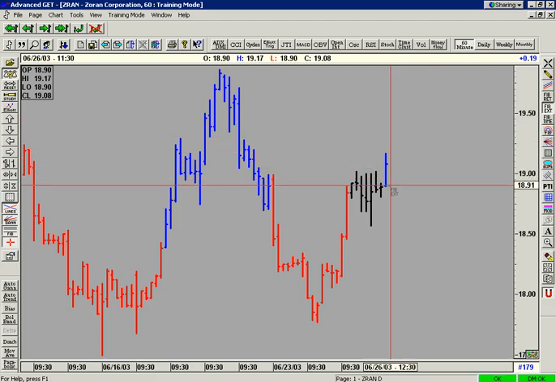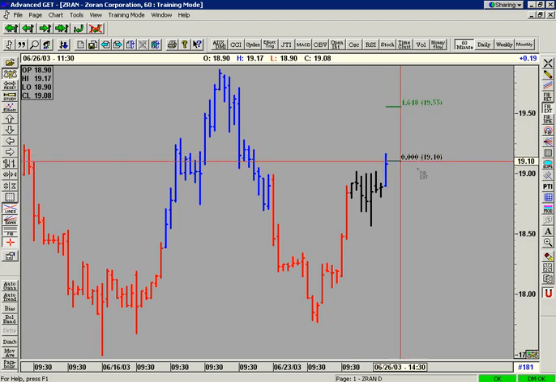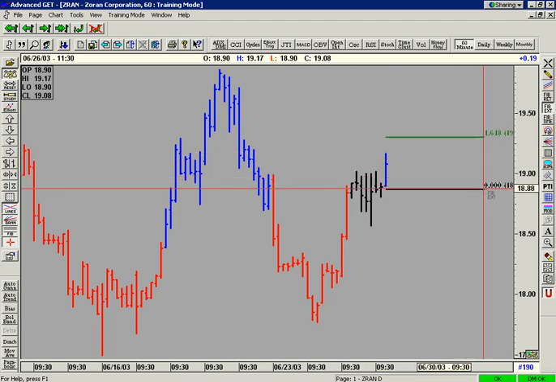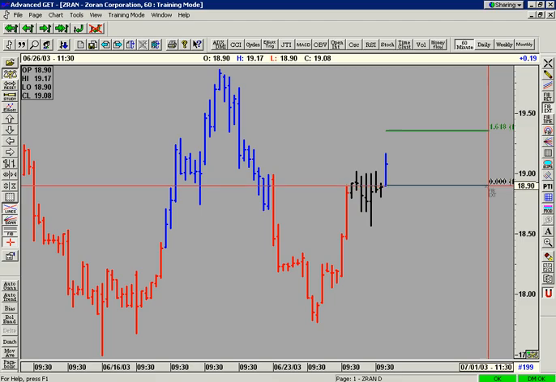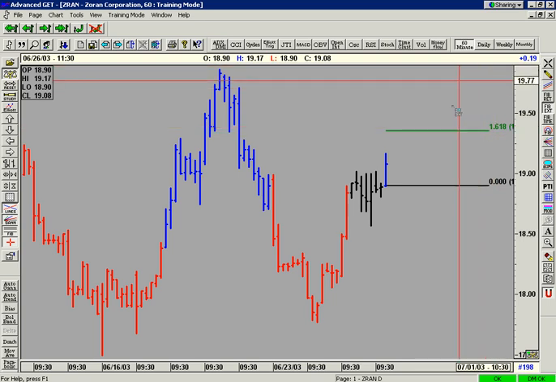So I'm going to take the Fibonacci extension tool, and I'm going to make my first click at the bottom of the first breakout bar. Second click will be at the top of the first breakout bar. And I'm going to drag my mouse out and to the right and apply that again to the bottom of the breakout bar. Now you notice a 1.618 value, and if we looked up here farther, we'd see a 2.618.